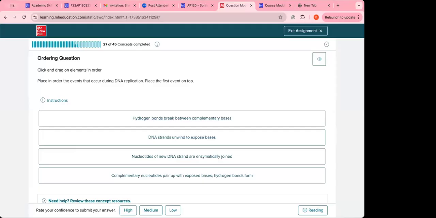Okay, so the double helix unwinds. That's first.